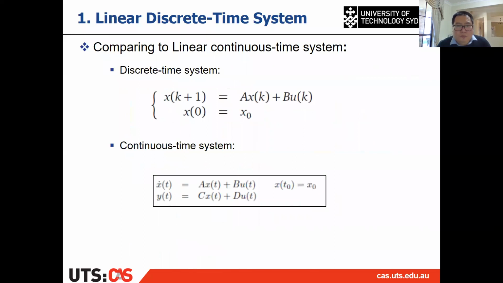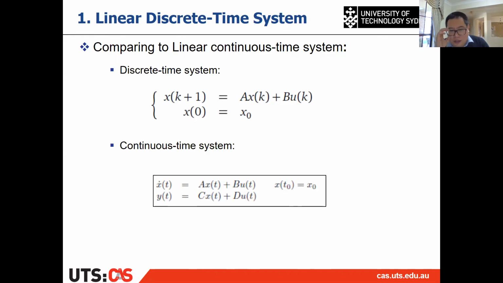All right, so let's compare the linear continuous time system to the linear discrete time system. So what are the differences? The first difference is that it is x(k+1) instead of x dot.